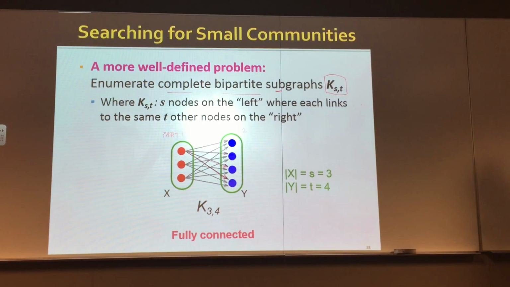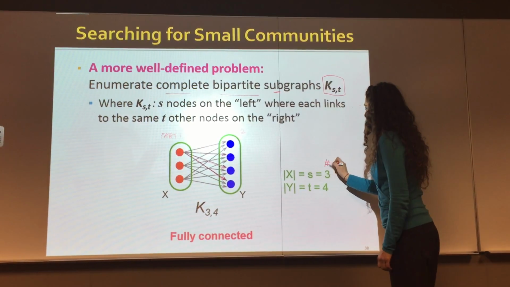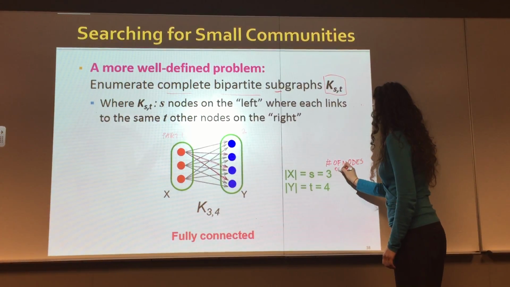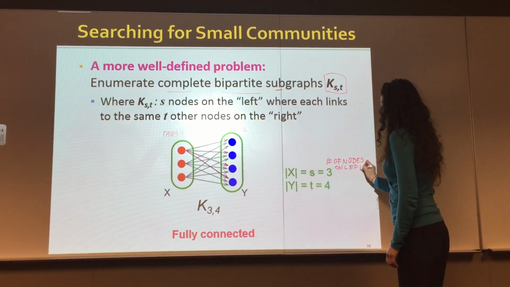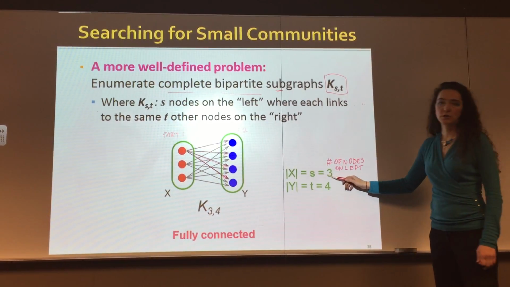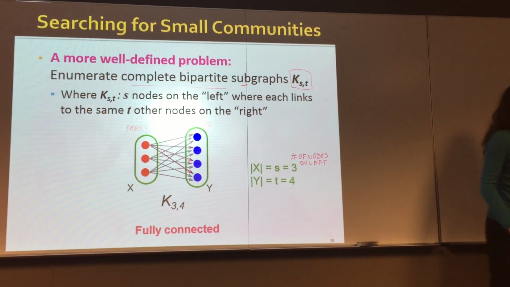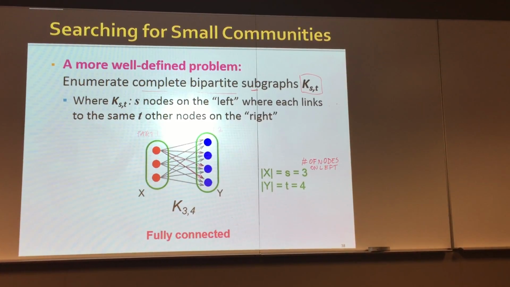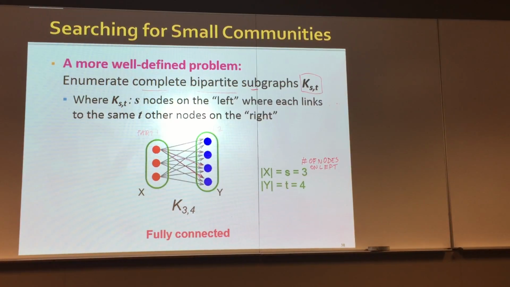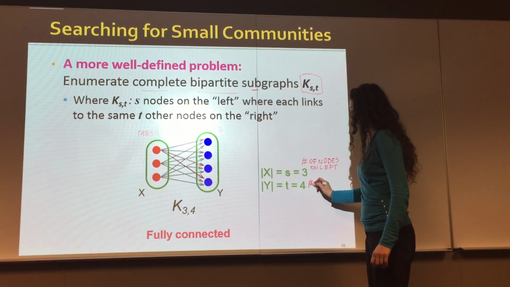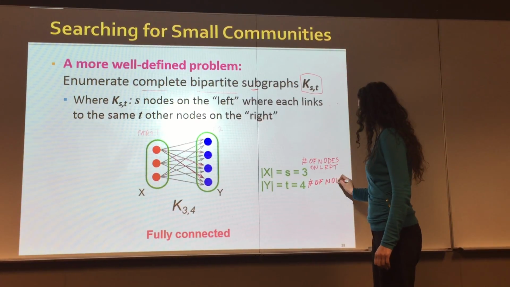So S is going to be the number of nodes on the left. Because we have 3 nodes, this support threshold is equal to 3. So this S parameter is equal to 3, and T is 4, the number of nodes on the right.